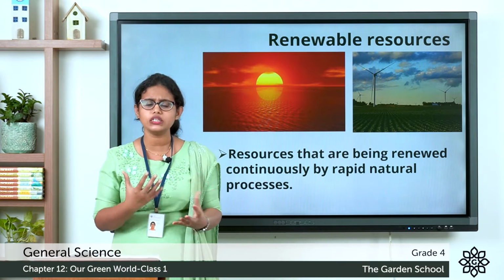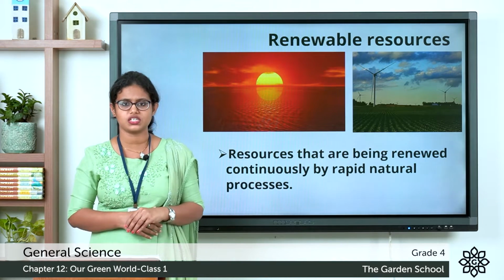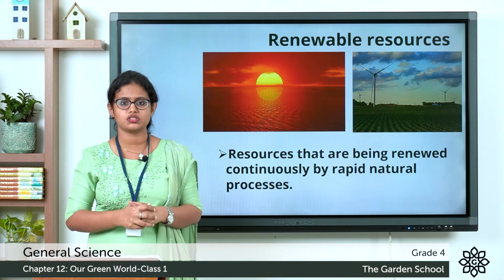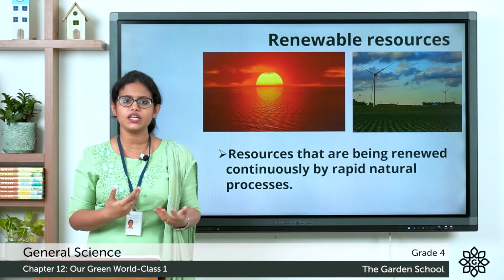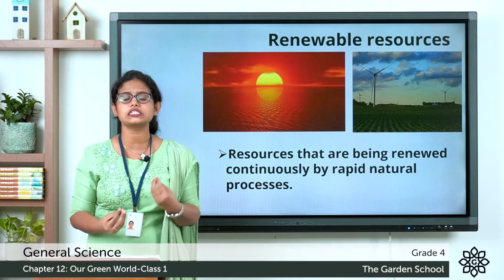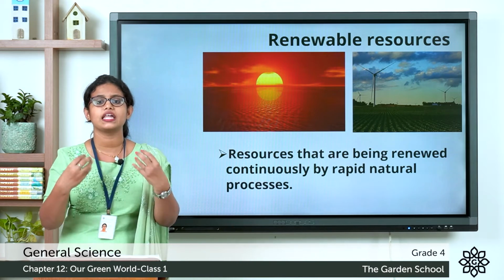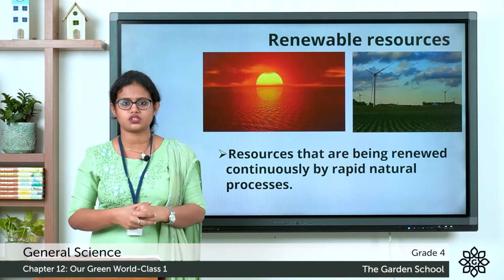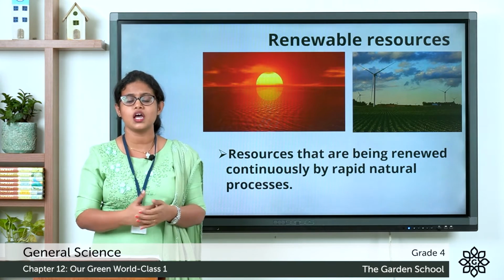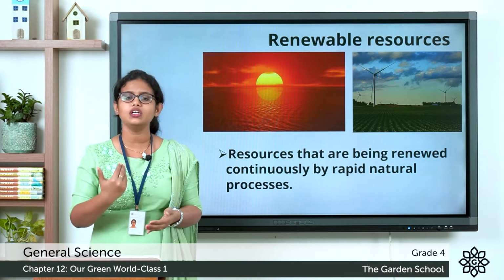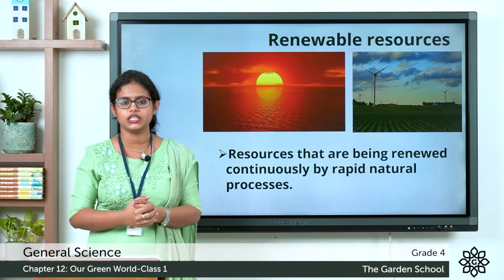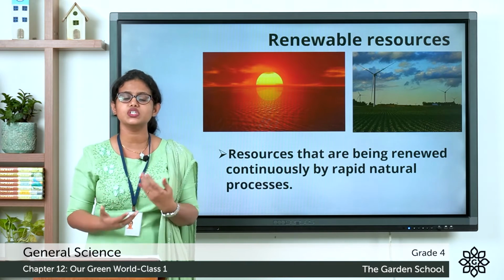So, why do we call these renewable resources? Because they are available in unlimited amount, and when we use them, we cannot easily finish them because they are available in abundance. They are inexhaustible. So we can use these resources repeatedly because they will not finish easily.